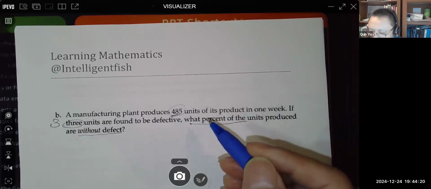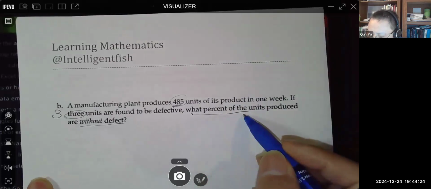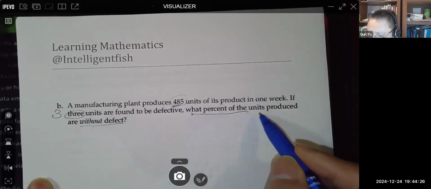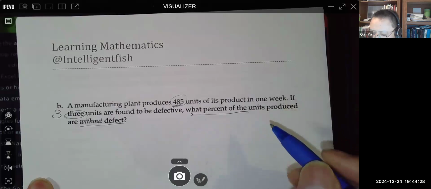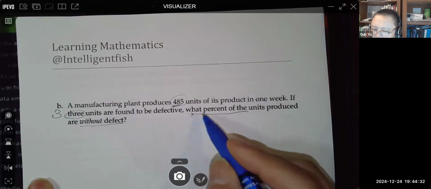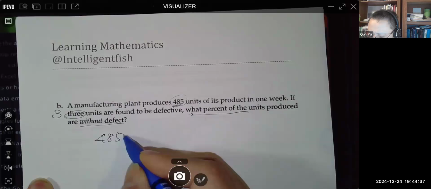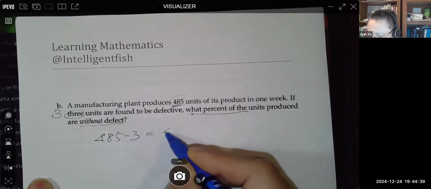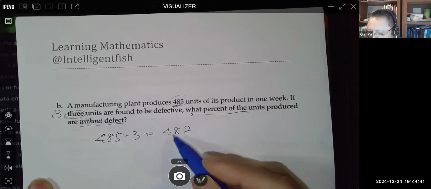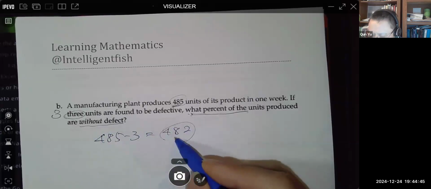There are two different ways to do that. I'm going to do both ways. First, we do it straight. Since this percentage represents those without defect, we have to have a number that is corresponding to this percentage. So that number is 485 minus 3, 482. These are the units that are without defect, right? This is a percentage of the whole thing.